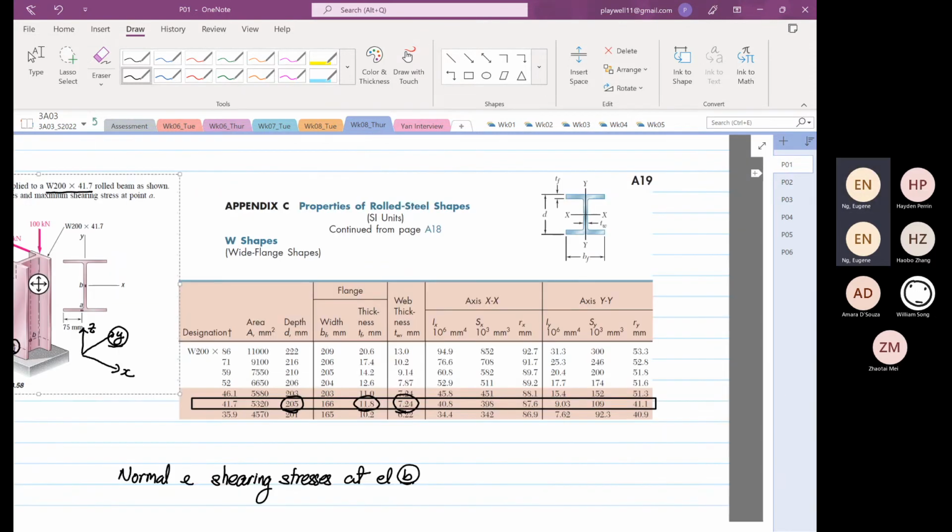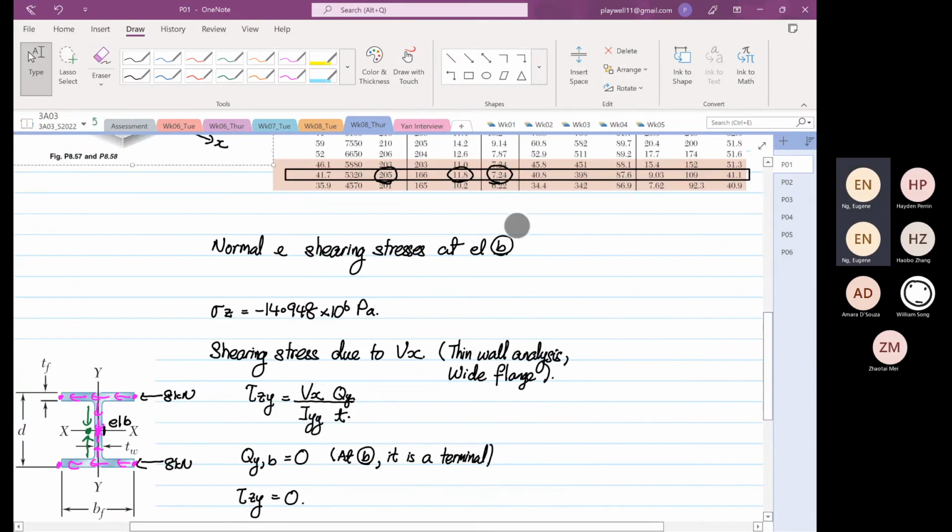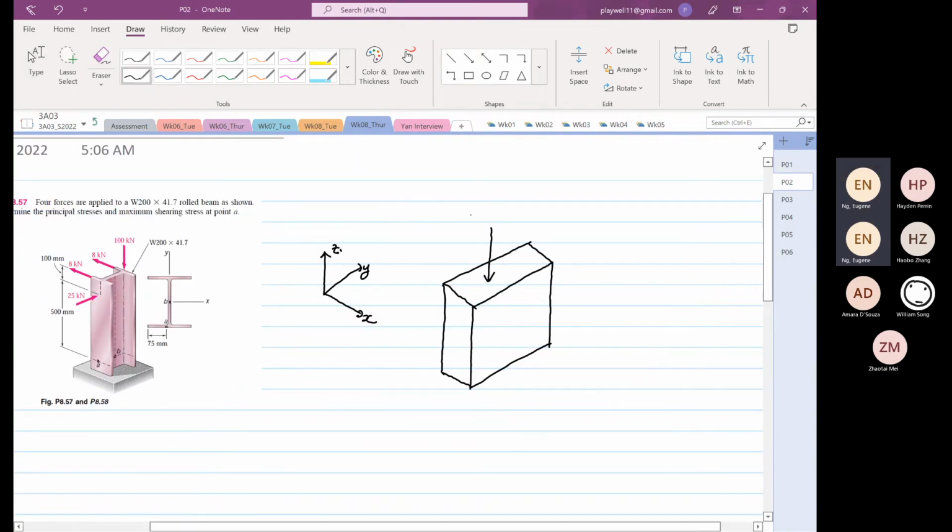And this compressive stress about the Z direction is minus 14.948. Now the shear, let me blow this up.